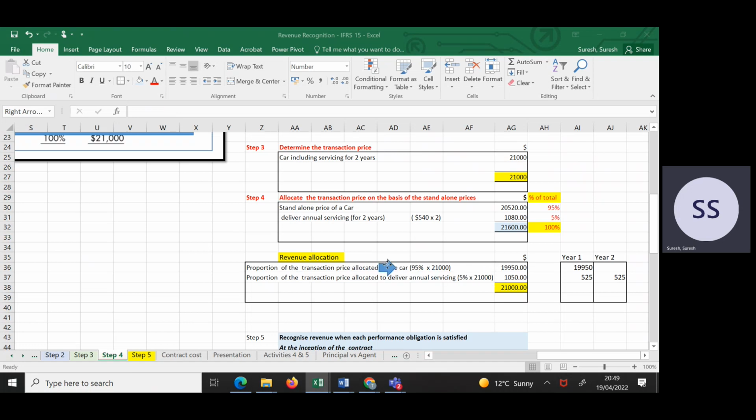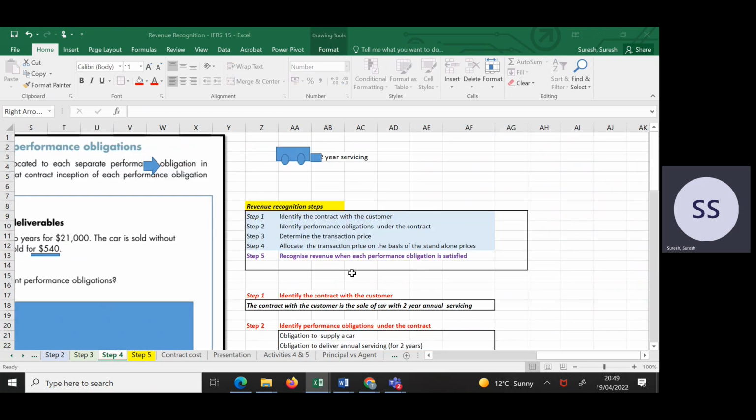Giving the car is a performance obligation, and providing the servicing is a separate performance obligation. I have allocated the transaction price to the separate performance obligations based on the proportion of the standalone prices.